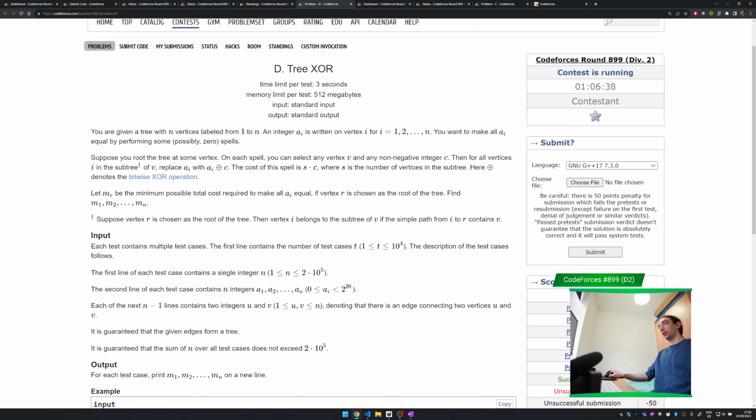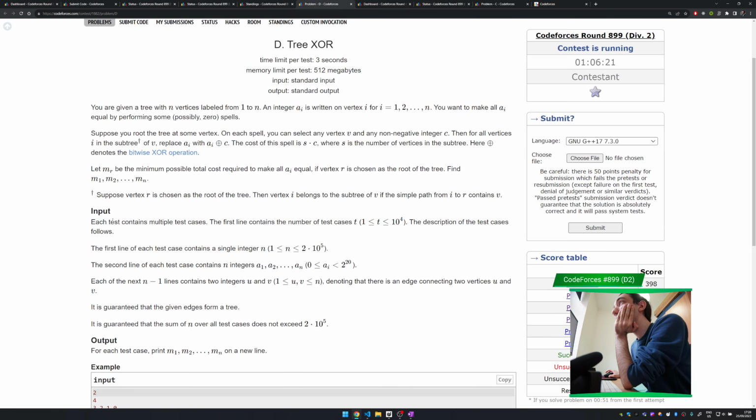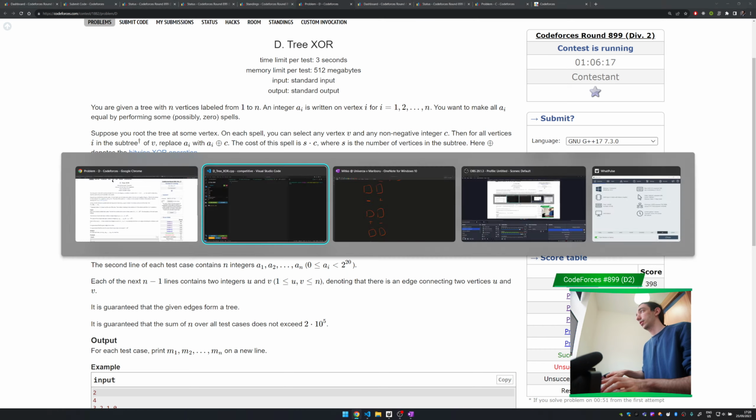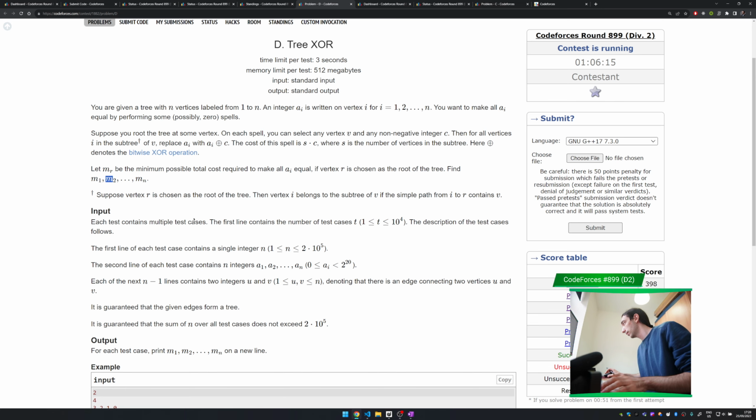So vertex R is not given. I can root them anywhere. Suppose you root the tree at some vertex. Find, oh, for each of them. For each of them as the root. Okay, now this got a lot more serious.